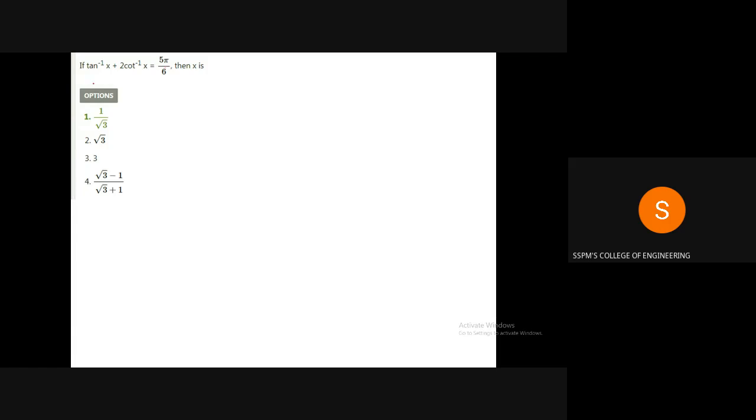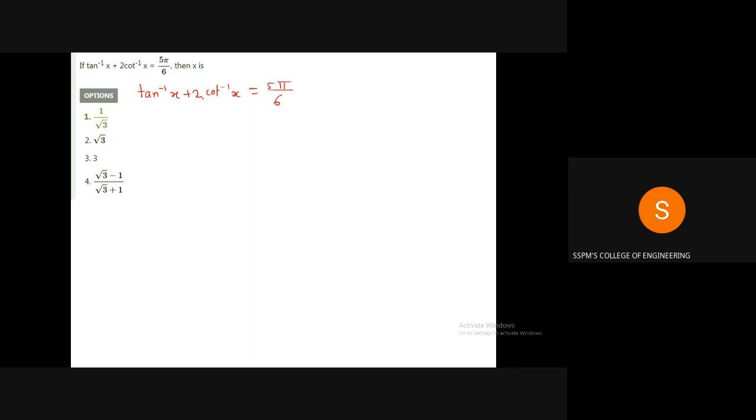Next question: tan inverse x plus 2 cot inverse x is equal to 5 pi by 6, and we have to find the value of x here. So this is our left hand side, tan inverse x plus 2 cot inverse x, which is equal to 5 pi by 6.